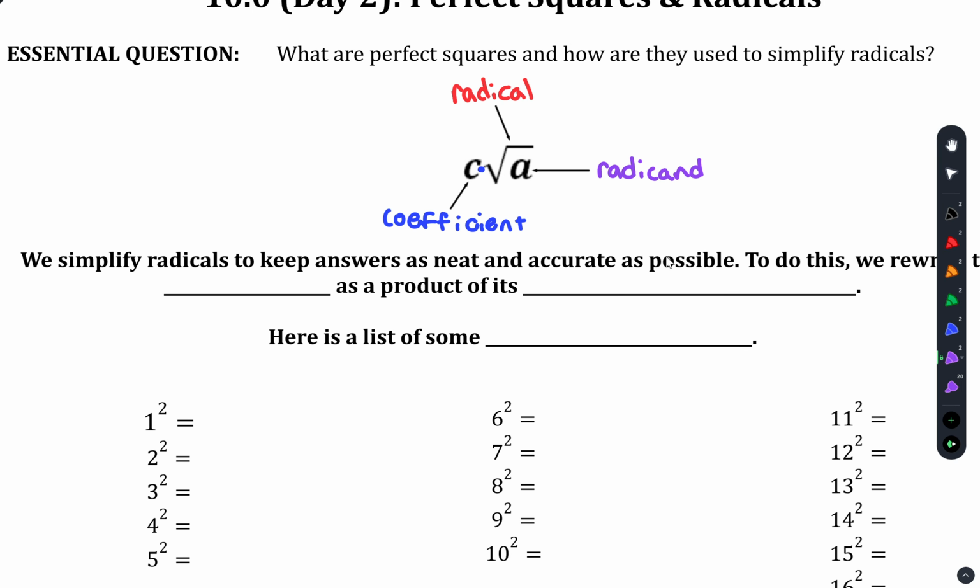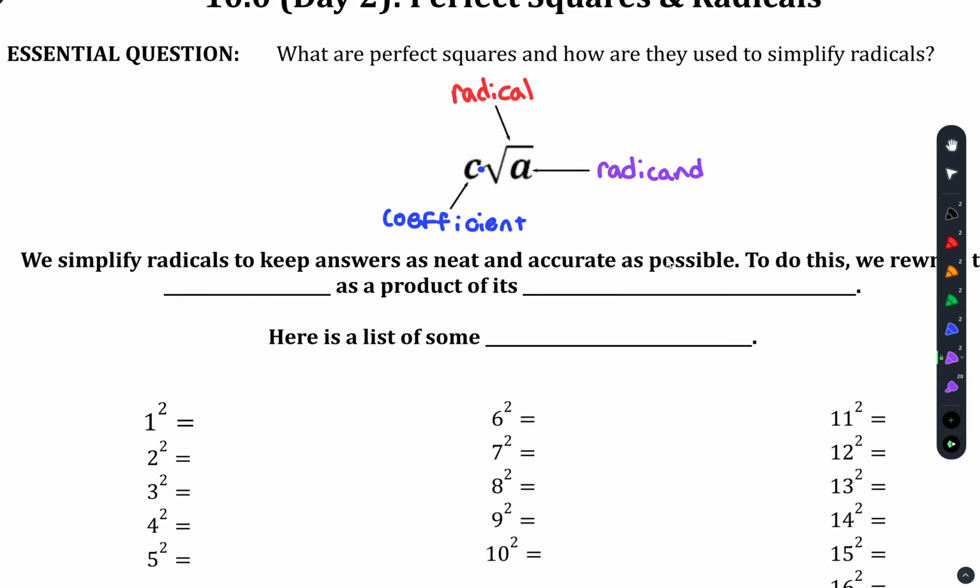So, we simplify radicals in order to keep answers as neat and accurate as possible. That means in this unit, we will not be talking about decimals at all, because simplifying these radicals will help us avoid those decimals altogether.